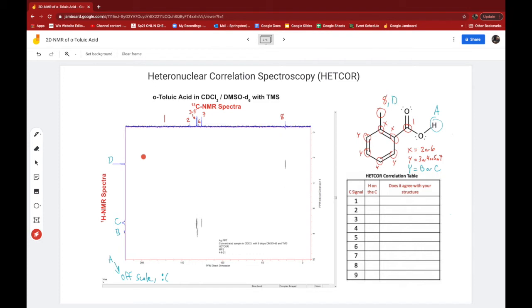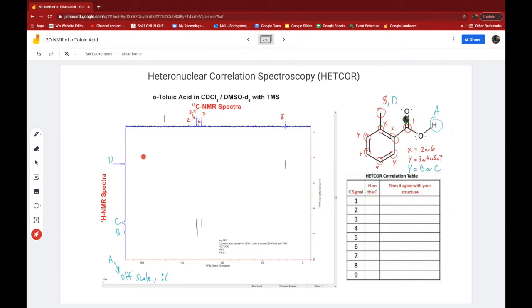Okay, I got that labeled. So now let me fill in the HETCOR correlation table. I just came up with this table to make you think a little more about the spectra and see if it makes sense. So what it's asking is, for carbon signal 1, which is this one here, how many hydrogens are on that carbon?